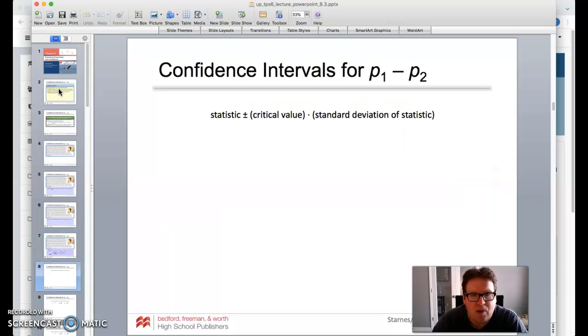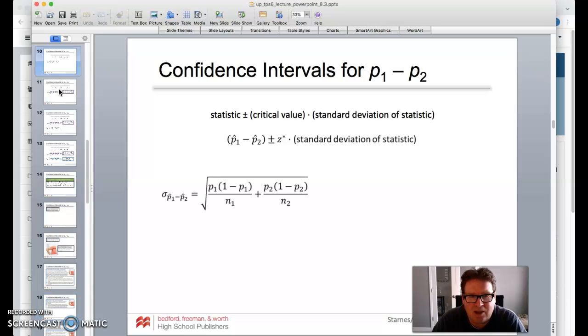Now remember, the way we do this is we take our statistic plus or minus the critical value times the standard deviation of the statistic. So we're going to subtract the two proportions, plus or minus our z-score, multiplied by the standard deviation of our statistic. To find that standard deviation, remember when we're subtracting two proportions we have to do both parts: the probability of success on the first times failure divided by sample size, do the same thing for the second population, add them together, and take the square root.